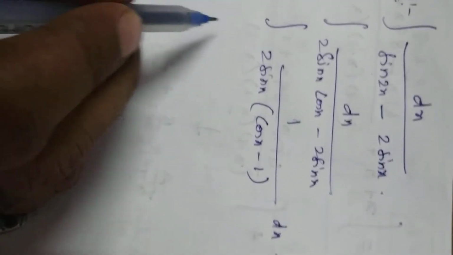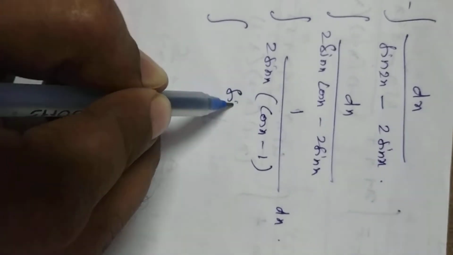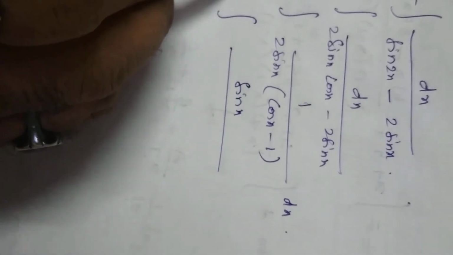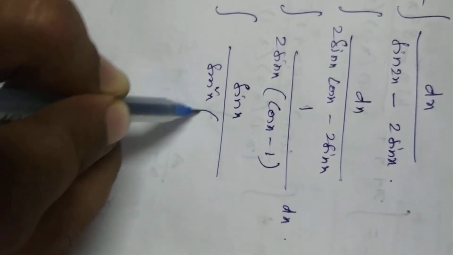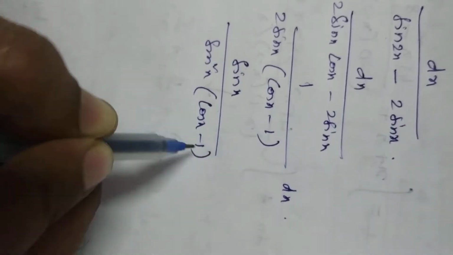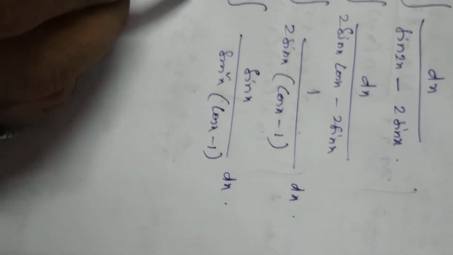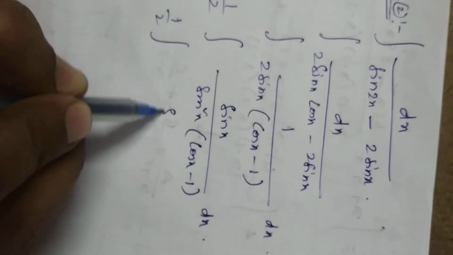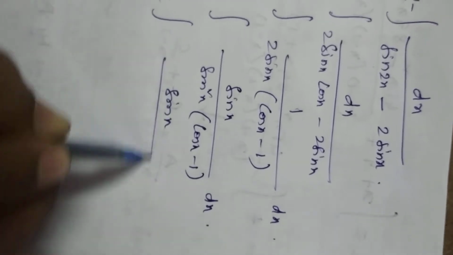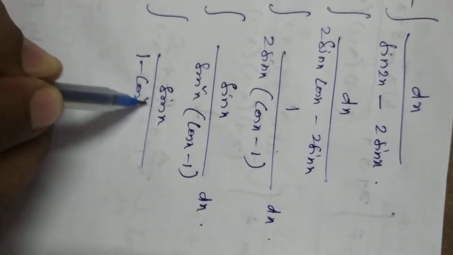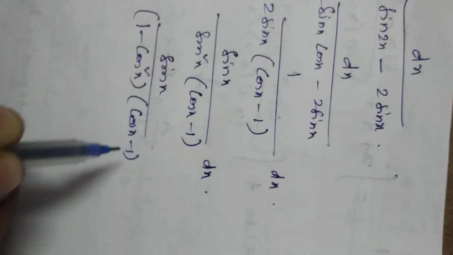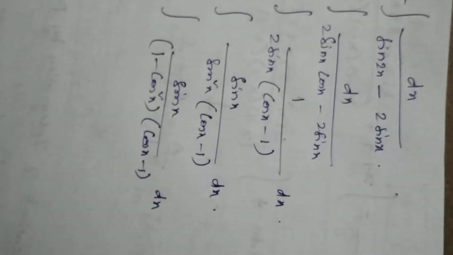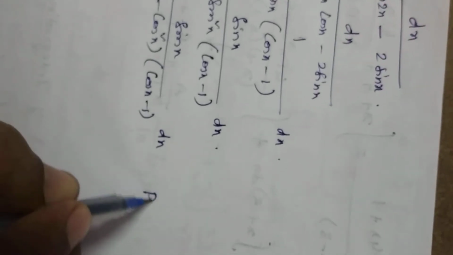Just like the previous problem, here also multiply and divide with sin x. So 1 by 2 of integration of sin x by sin square x into (cos x minus 1) dx, writing sin square x as 1 minus cos square x. Now put cos x equal to t.